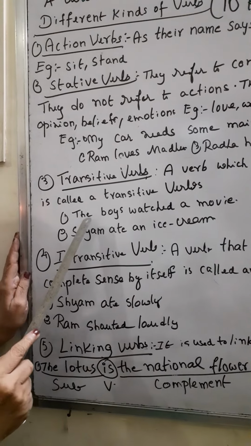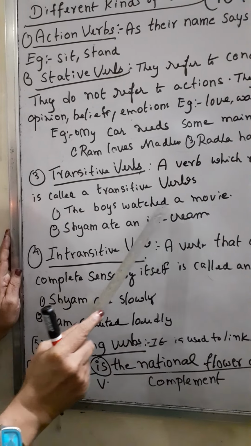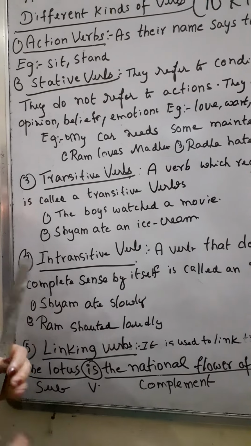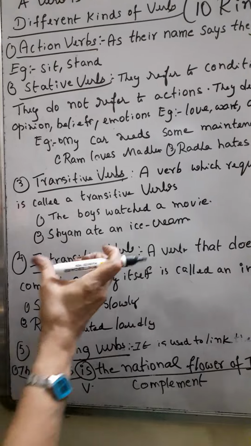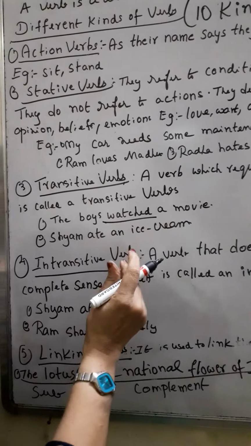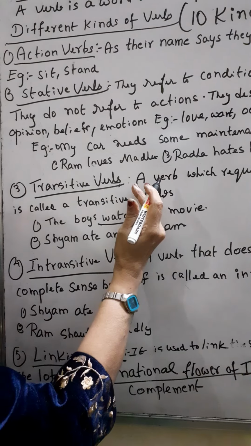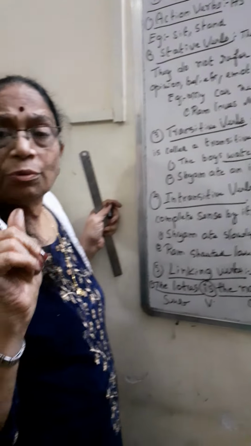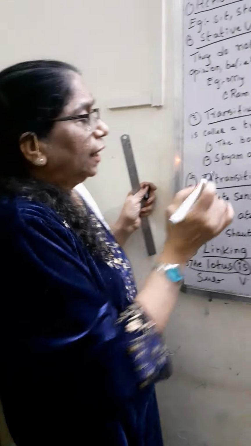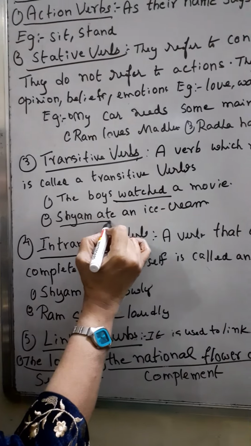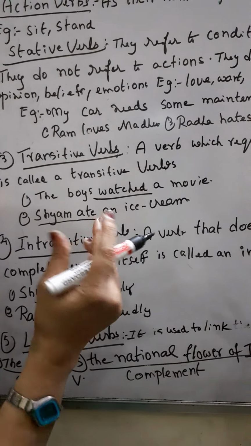For example, the boys watched a movie. Now see, here the verb is watched. If I say the sentence up to here, the boys watched, it won't make any sense.